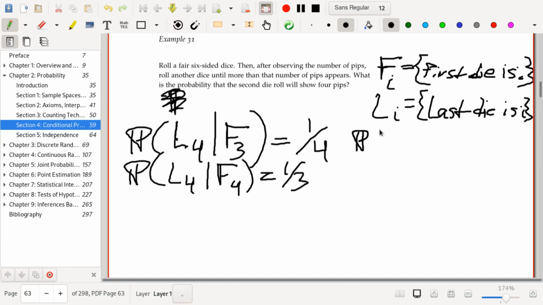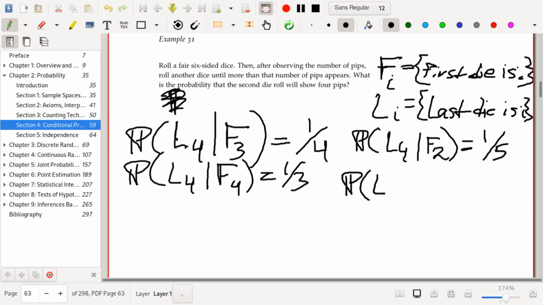The probability that the last die is 4, given that the first die is 2, is going to be 1 over 5. And the probability that the last die is 4, given that the first die is 1, well, then just about any dice face is going to be occurring, so that's going to be 1 over 6.